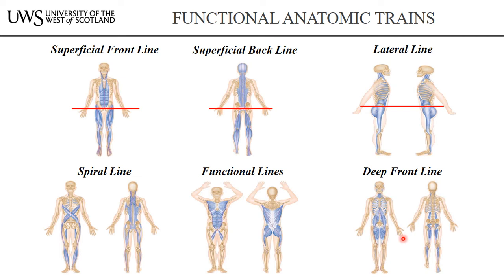From an anatomical perspective, the lateral line actually brackets each side of the body from the medial and lateral midpoint of the foot, and it climbs up around the outside of the ankle to the lateral aspect of the leg and the thigh, and obviously passes along the trunk and reaches the area under the shoulder, and it attaches to the skull in the region of the ear.